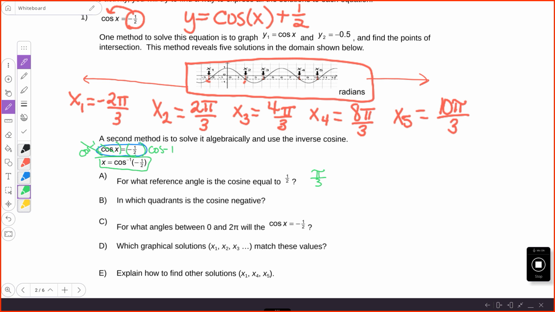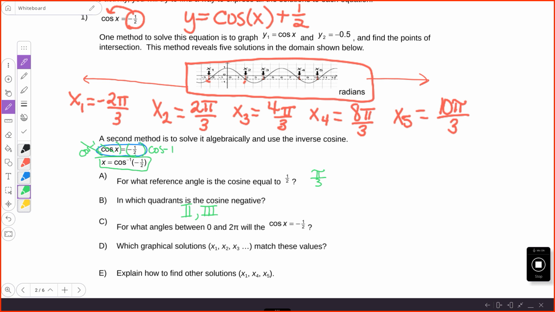But then the next question is, the problem actually had negative 1/2. So what quadrants is cosine negative in? Quadrants 2 and 3. All right, so that means I need the pi over 3's that are in quadrant 2 and 3.